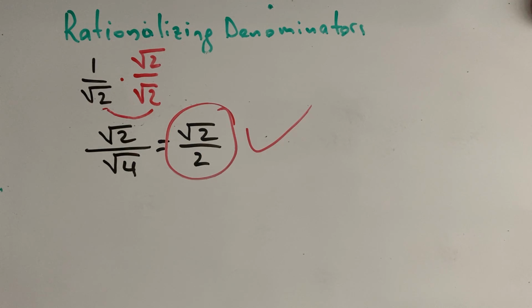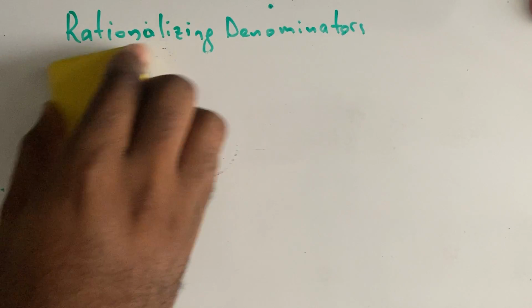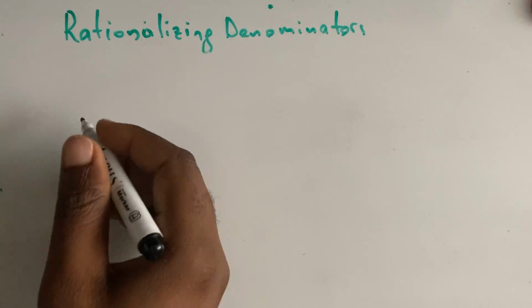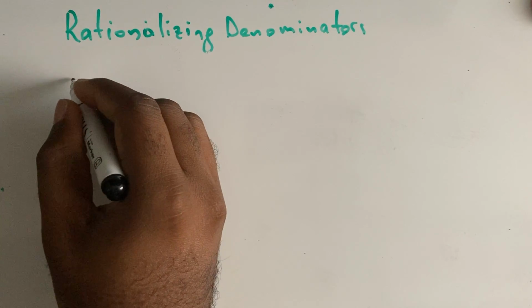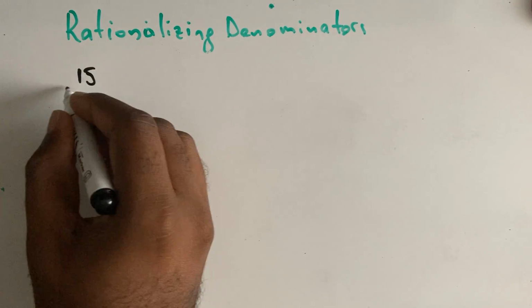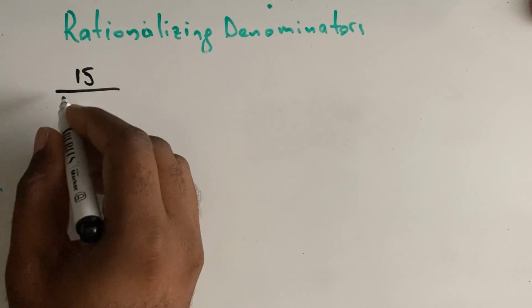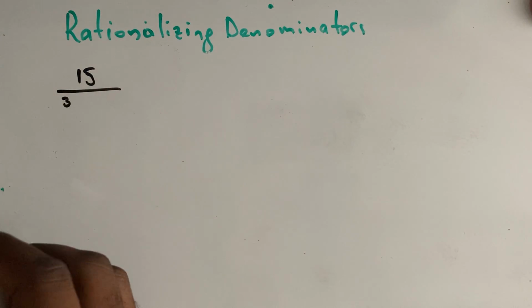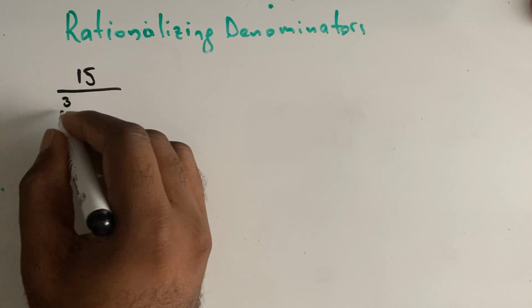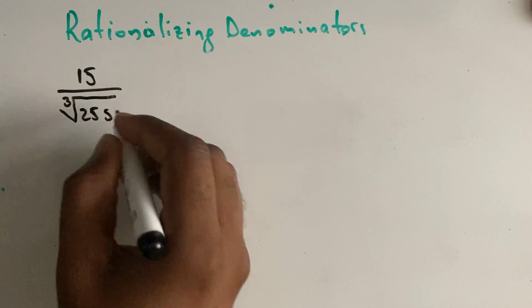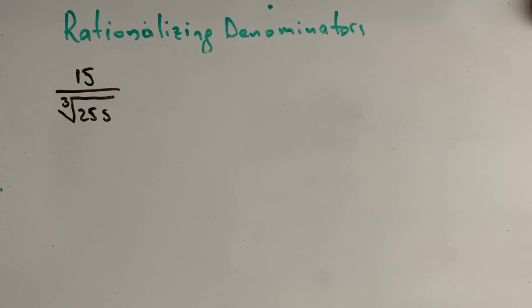I'm going to take 1 or 2 more examples just to make sure you get this. All right, so let's do another one. We have now 15 over the cube root of 25s.